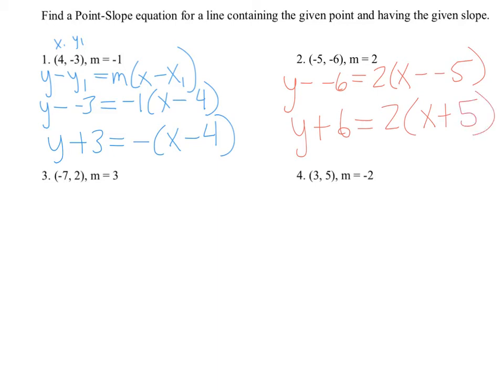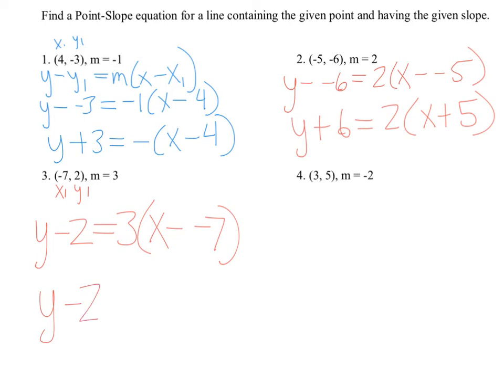Okay, for number 3, doing the same thing. This is x1 and y1, and we're just plugging them in. So y minus my y1, y minus 2, equals my slope times x minus my x1. So again, we have minus a negative, so we are going to change that to plus. So this is going to be y minus 2 equals 3 times x plus 7.